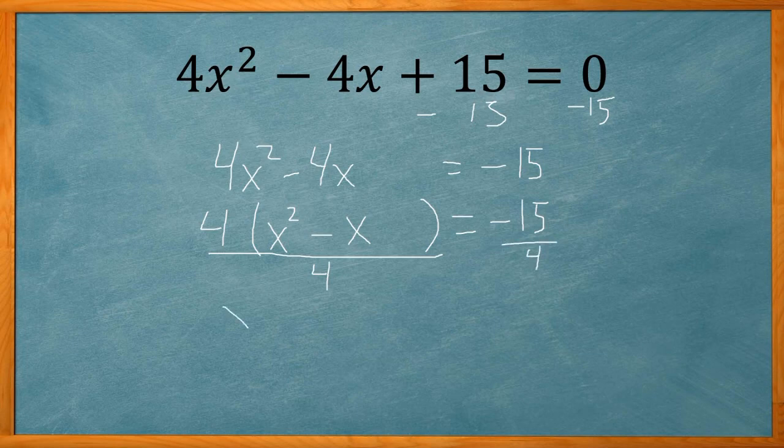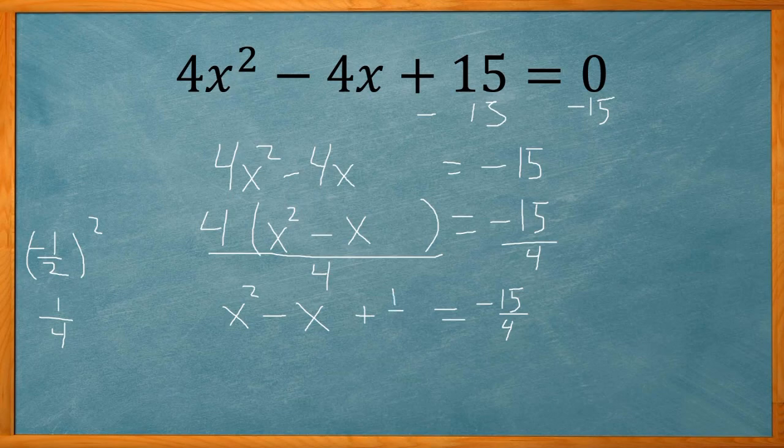So I get x squared minus x equals negative 15/4. Then again, I take the coefficient, negative 1, divided by 2, and then square it. That gives me 1/4. So I'm going to add 1/4 to both sides.